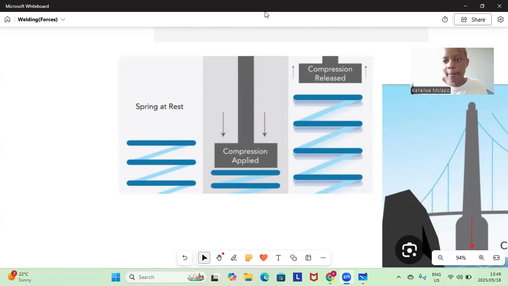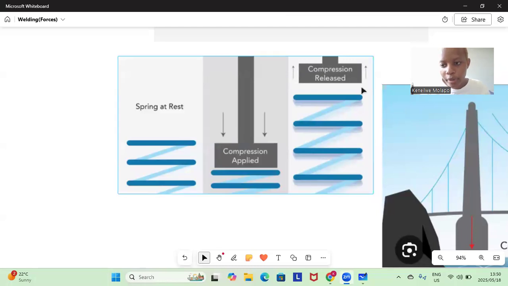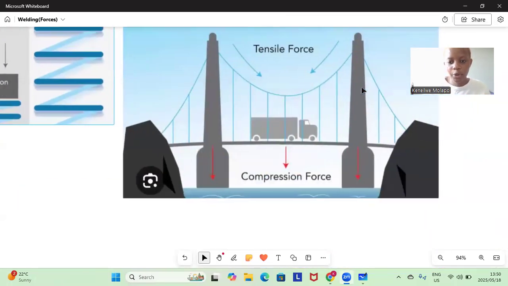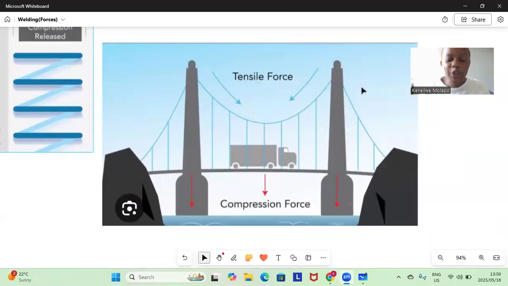The other thing that you have to know: you have a bridge deck, then you have bridge cables. These cables pull the surface of the bridge to balance it.